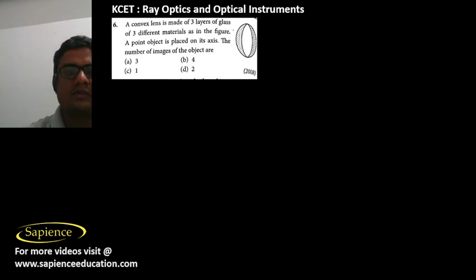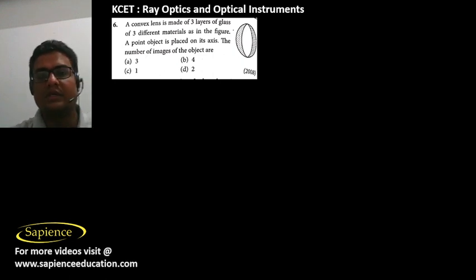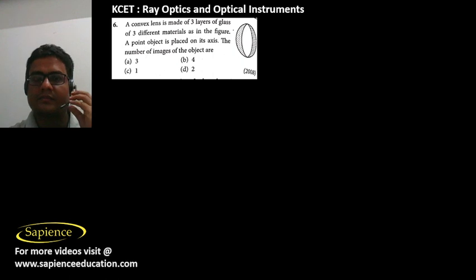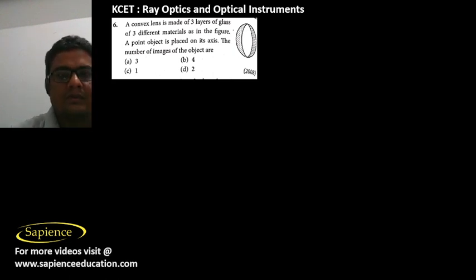Question number 6 says a convex lens is made of 3 layers of glass of 3 different materials as in the figure.